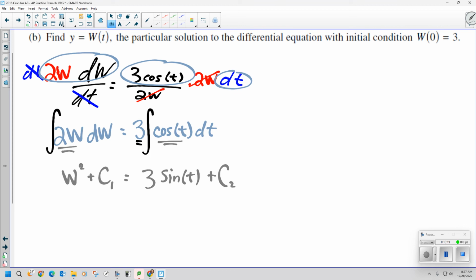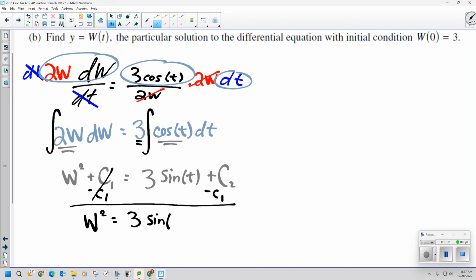I'm going to bring one constant over to the other, so let's subtract C1 from both sides. And I got w squared equals 3 sine of t. Oh, it's not equals. That is plus. If I have one constant, I combine it with another, it's still a constant.